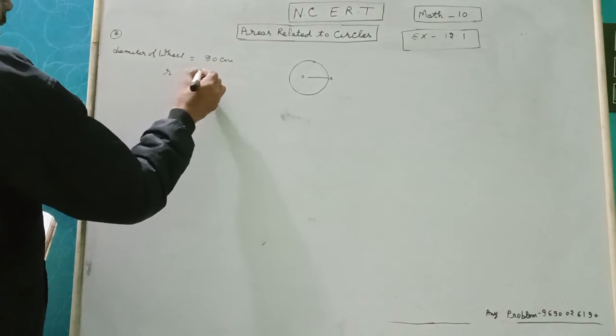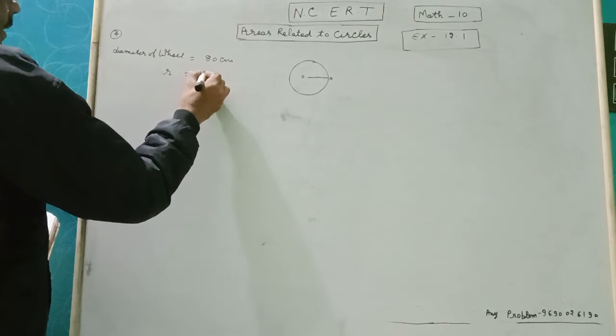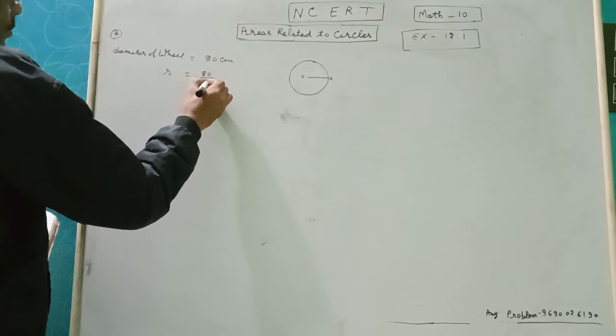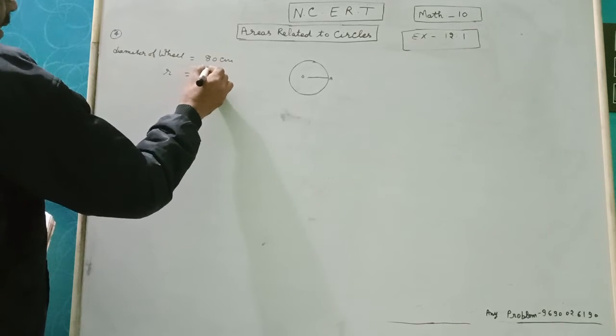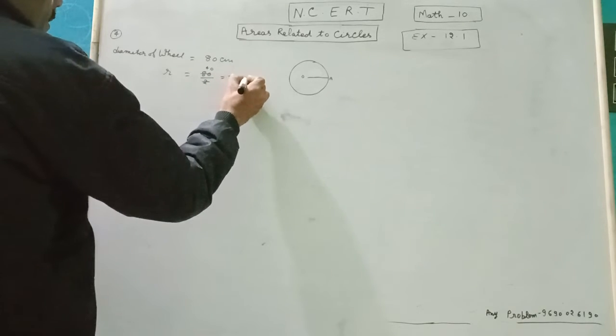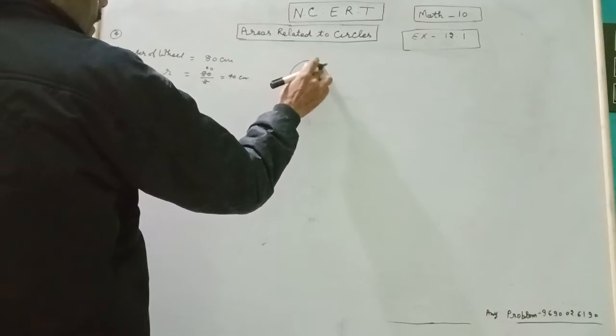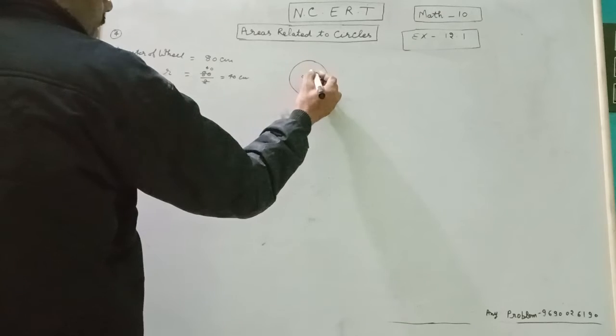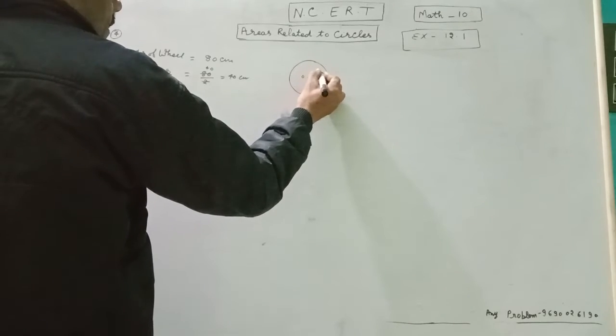Radius of the wheel is equal to 80 upon 2, divided by 2, which is equal to 40 cm. So this wheel's radius is 40 cm.